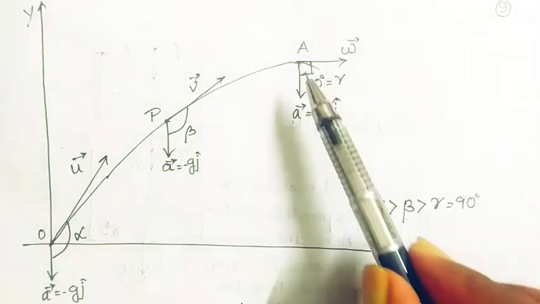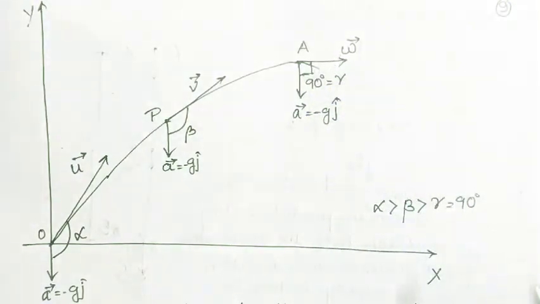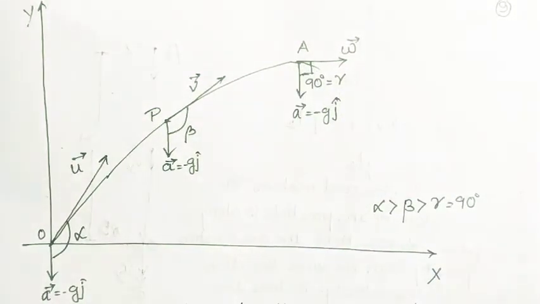This thing is important here: the w vector and the a vector are perpendicular to each other, so the w vector is not changed. The acceleration has no ability to change this horizontal component of velocity, even at the maximum height. This is the understanding.